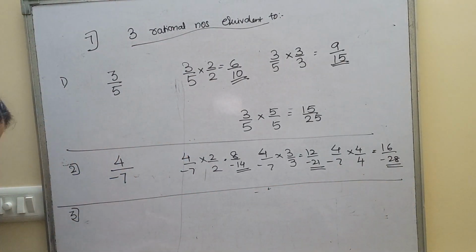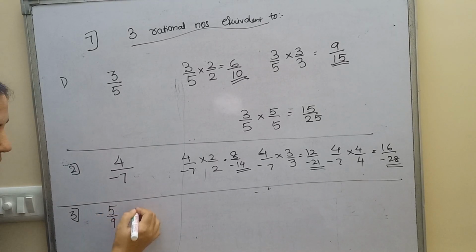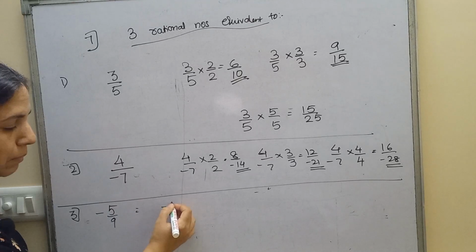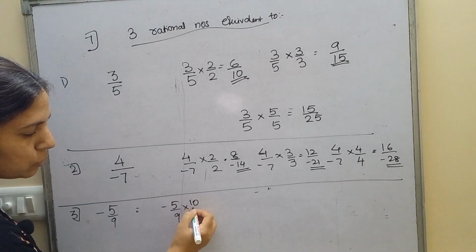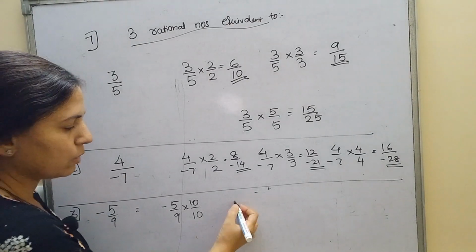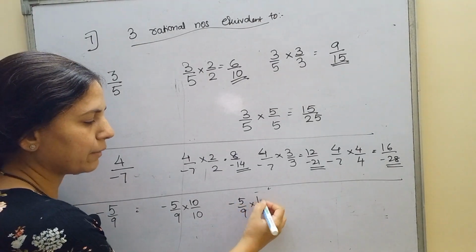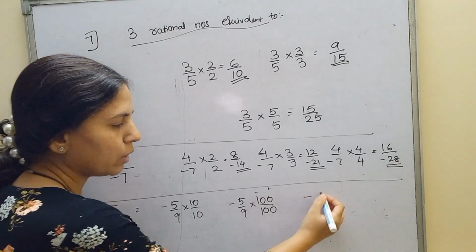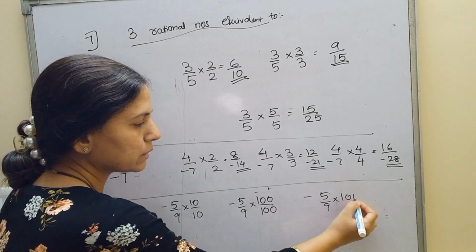Third question, minus 5 upon 9. See, what you can do is multiply it by 10 and 10, both the numerator and the denominator. Best trick. Or multiply it by 100 and 100. Or multiply it by 1000 and 1000.